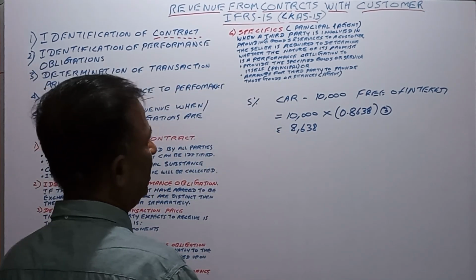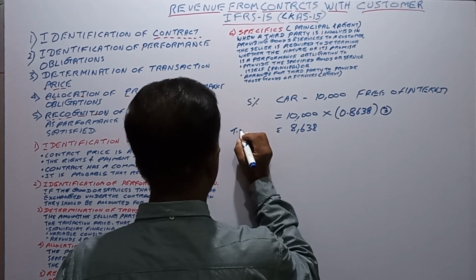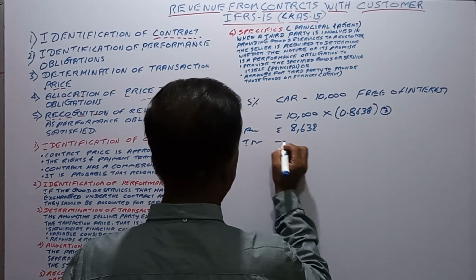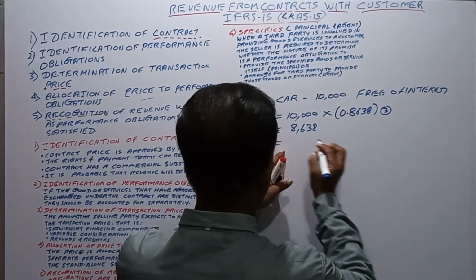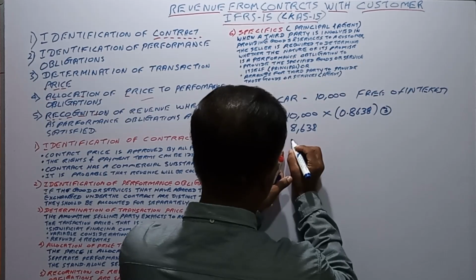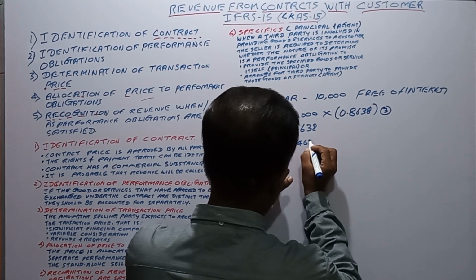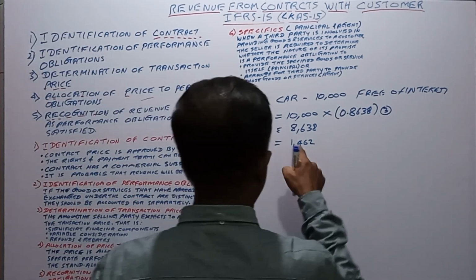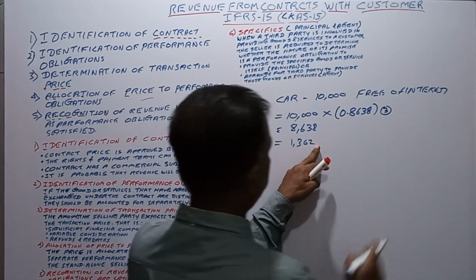We will recognize this as the transaction price, and this is the interest. The balance interest is 362.